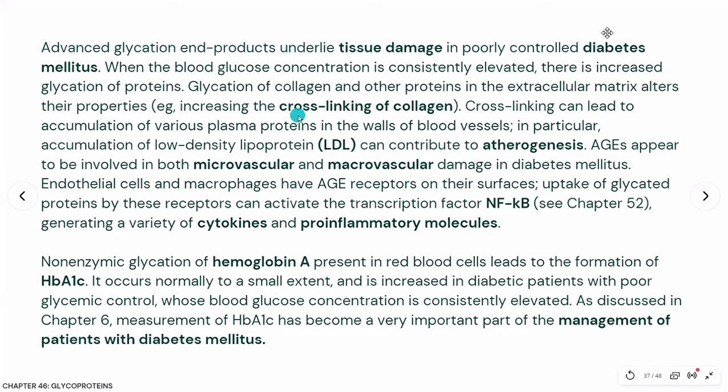So what happens if you increase the cross-linking of collagen? The blood vessels become stiff. And it leads to various accumulations on the blood vessel wall, various plasma proteins, LDL, and as a result, you can now form atherosclerosis, or atherogenesis.